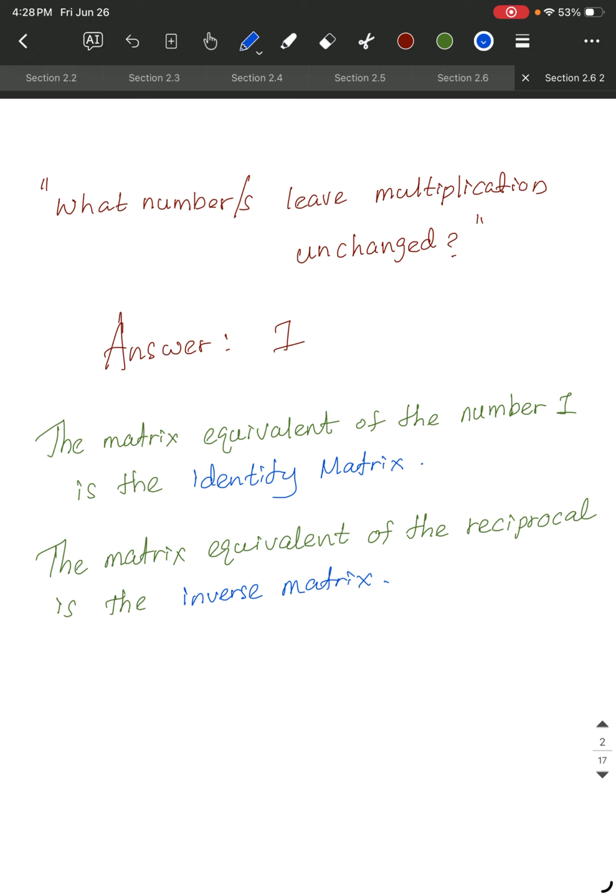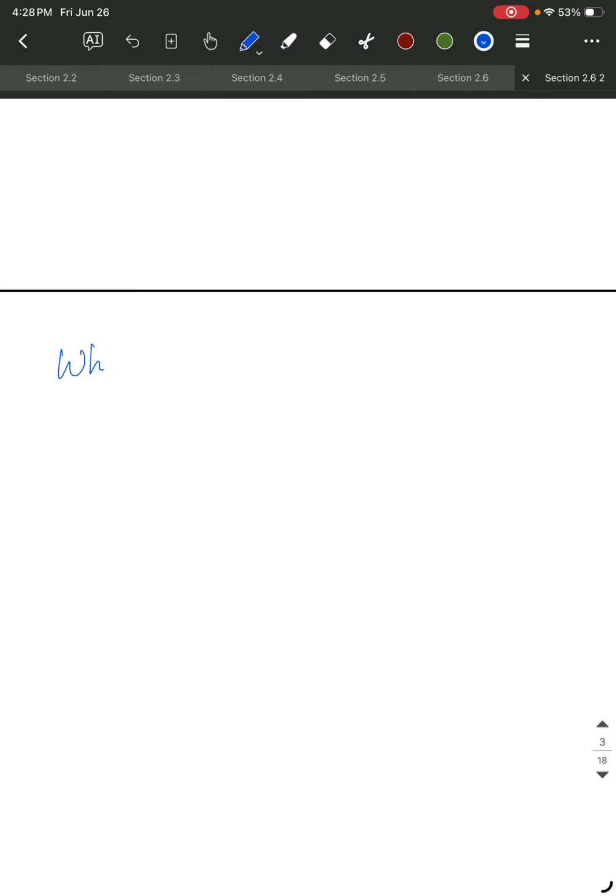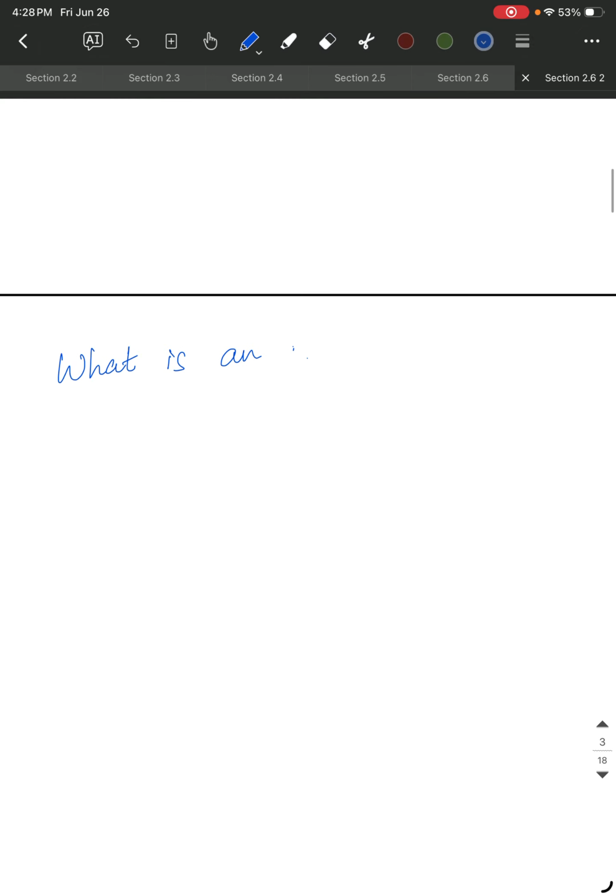Okay, then what is an inverse? I hope you remember that multiplying the identity matrix by a matrix gives us the matrix itself, right?